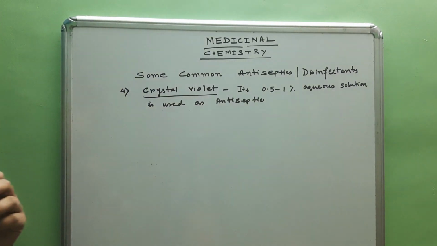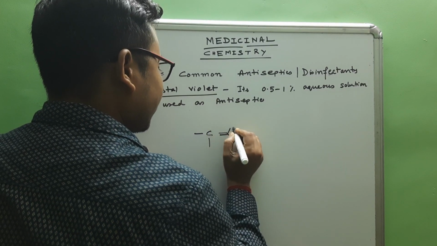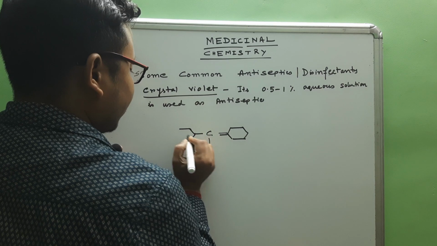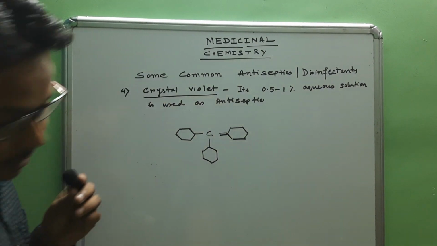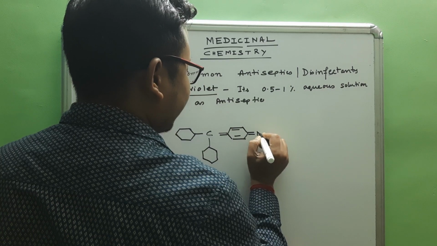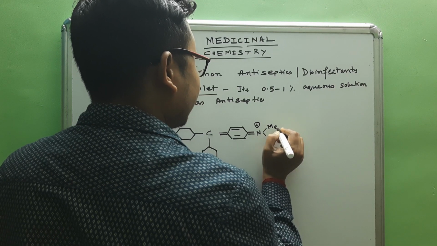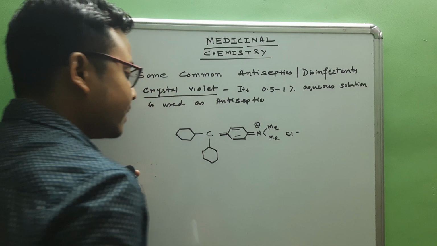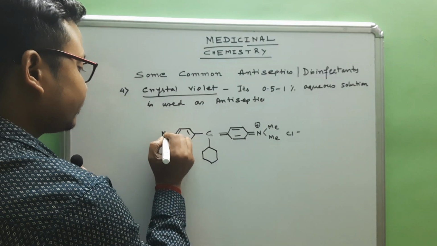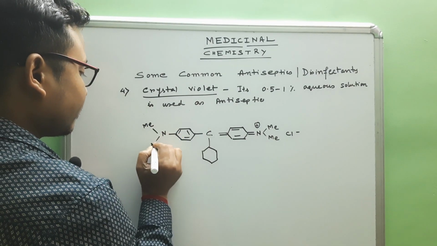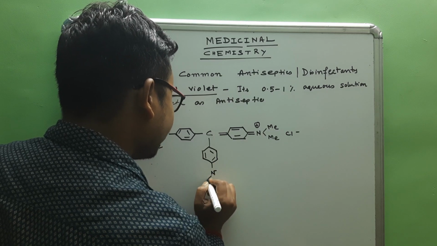So what is the formula and structure of crystal violet? So this is carbon, and this is N plus, HCl, and this part NMe2, and in this part also the structure is almost very symmetrical.